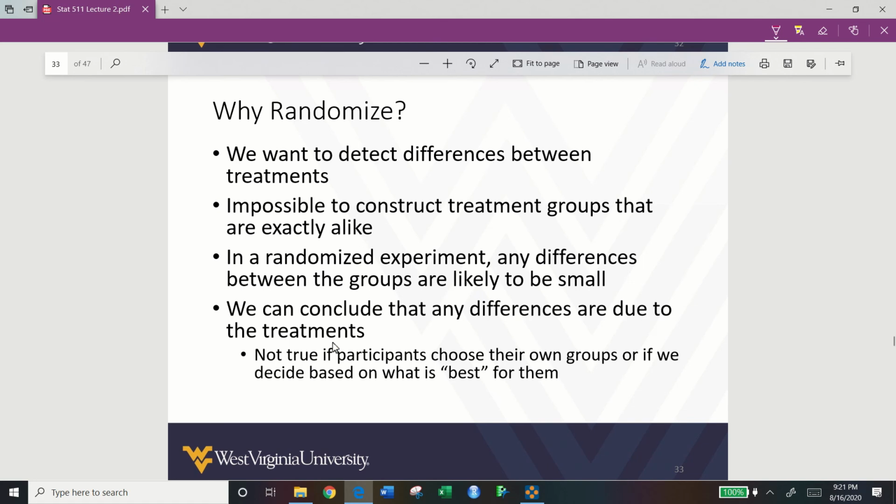But this is not true if participants choose their own groups, or if we decide on what is, quote, best for them. So one example of that would be, say, a medical study where you're trying to determine a new type of cancer treatment, and you decide to give the new treatment to the people you like. You know, you're like, oh, these people have a nice sob story.